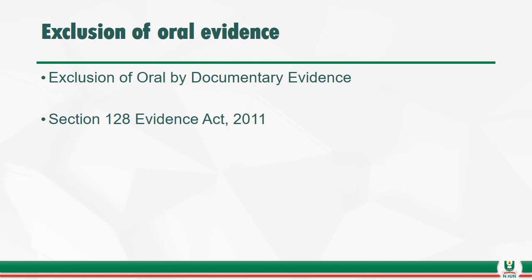And therefore, if there's an issue as to the terms or conditions of a contract or a judgment, then it is only the contents of that particular judgment or contract that can be tendered in evidence for purposes of proving it.